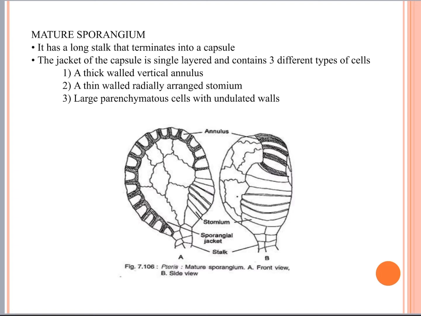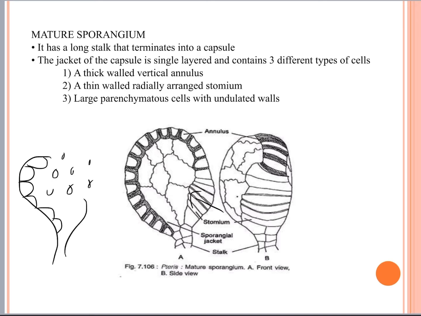When the sporangium matures, from the stomium region it breaks and the spores come out, and it looks somewhat like this. This annulus is here.